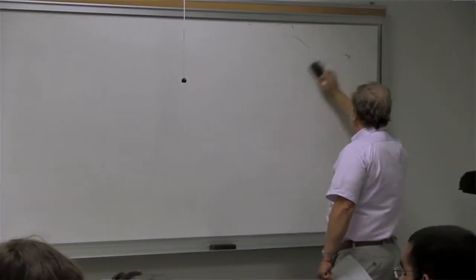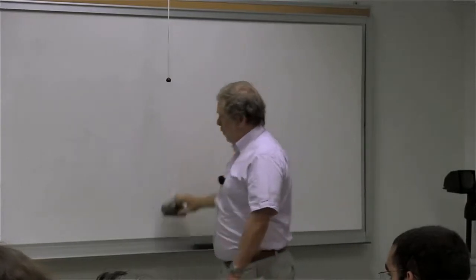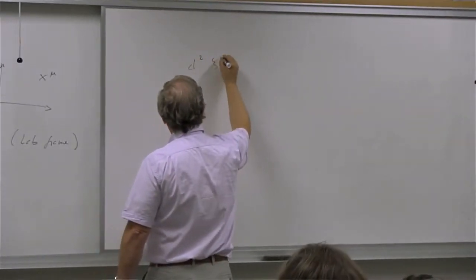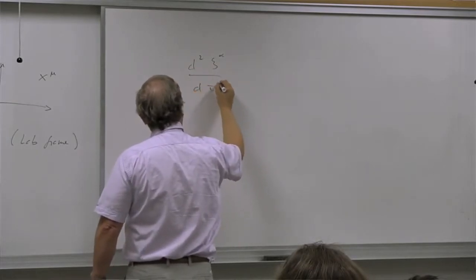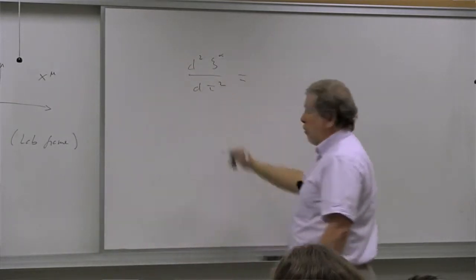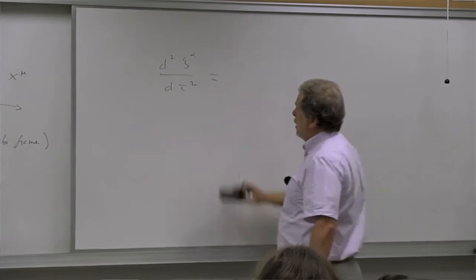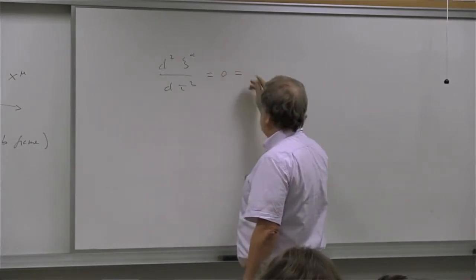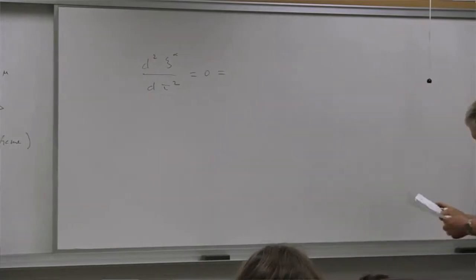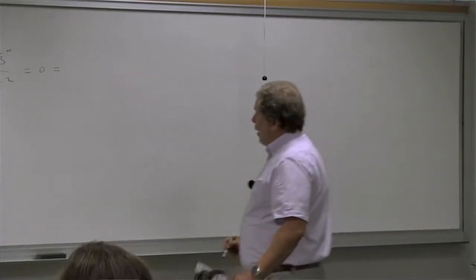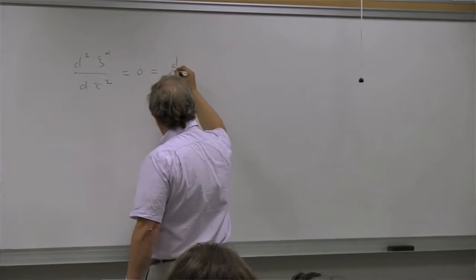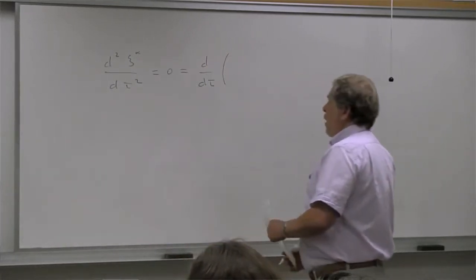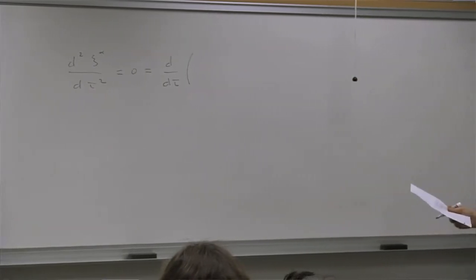Right, so we have that the second derivative of psi alpha with respect to the proper time is equal to 0. That's of course the appropriate equation to use, at least in special relativity, where we have this proper time, which is an invariant. So this thing is equal to 0. And now we're going to rewrite it. We first take out one derivative with respect to tau, and then we have d psi alpha with respect to tau.